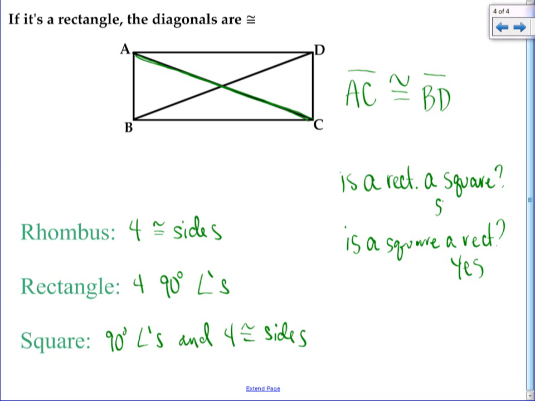This one is sometimes, depending on how long the sides are. Right. So basically the first one is no, not always. But a square is always a rectangle because a rectangle just means it has 4 right angles in it. Questions? Alrighty.